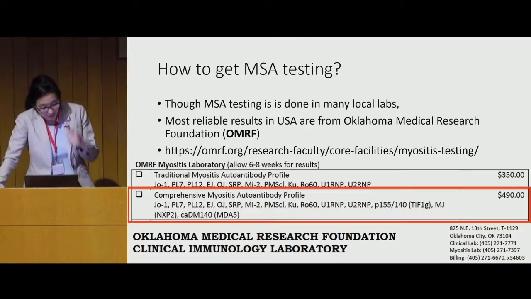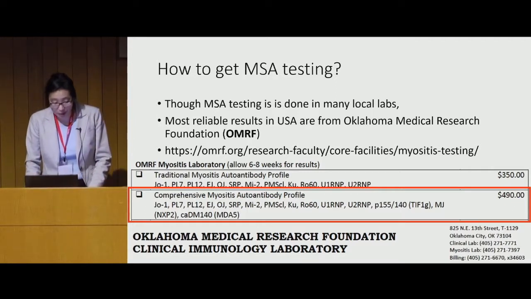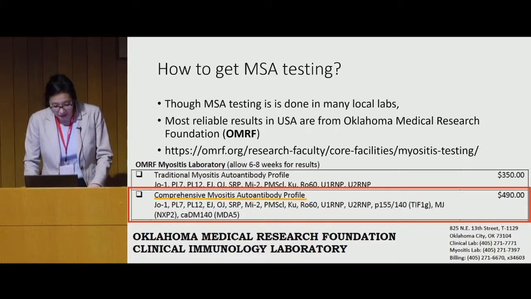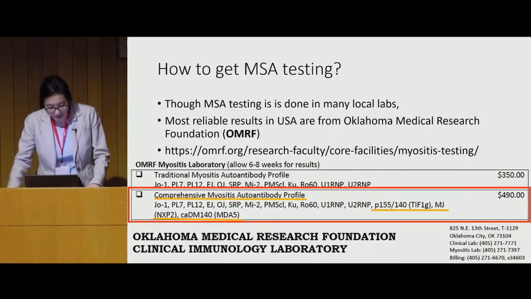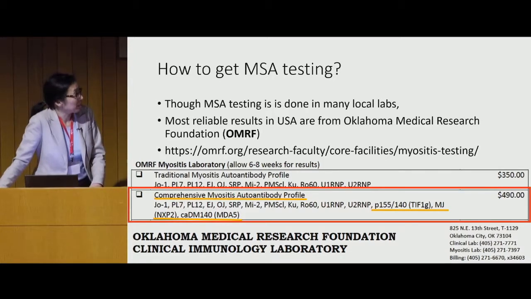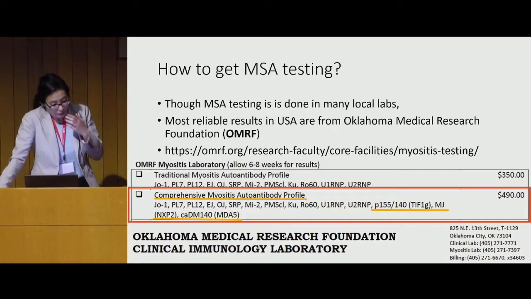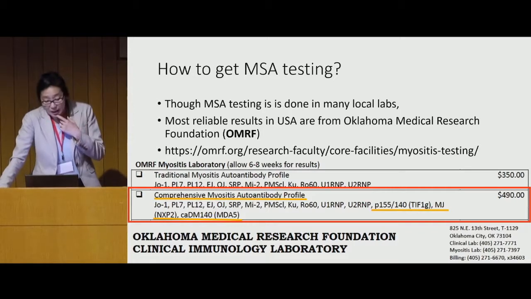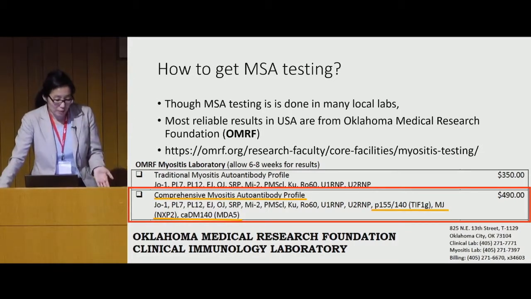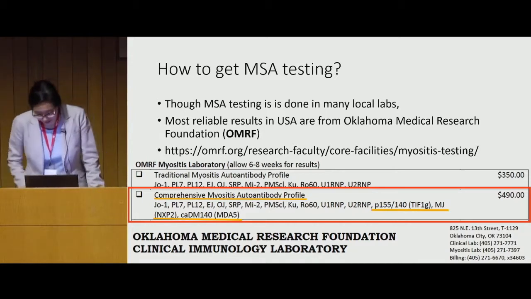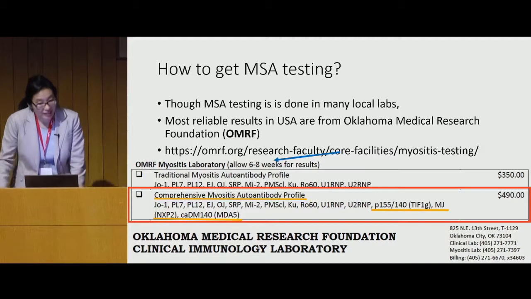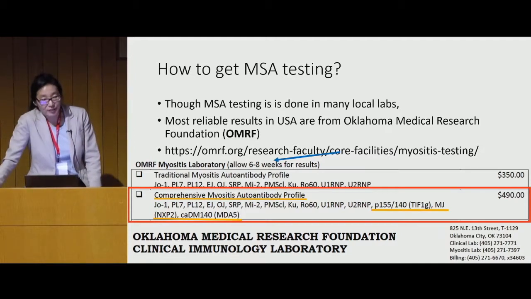The comprehensive myositis autoantibody profile is the one to order, particularly in pediatrics or in juvenile myositis, because it includes the most common ones in juvenile myositis. Whereas the traditional myositis autoantibody profile above actually includes more of the antibodies that are more common in adults. And it does take 6 to 8 weeks to get results.